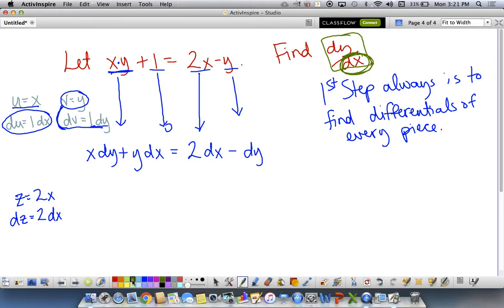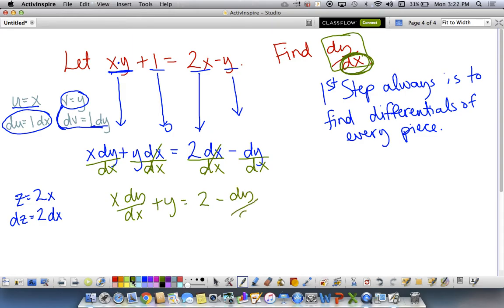So now I'm going to go back and divide every term by dx. Some will simply cancel. They'll be 1. We're happy about that. Go ahead and mark those out. So after I do that, I've got an x dy dx plus y equals 2 minus dy dx.